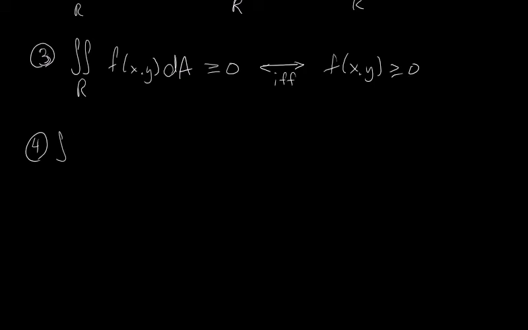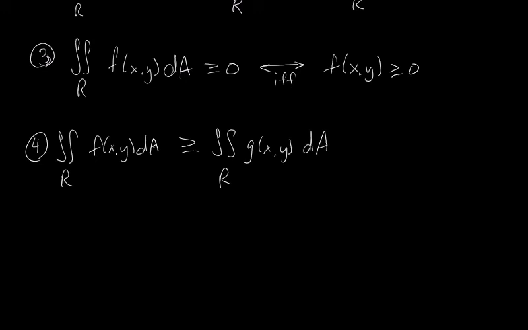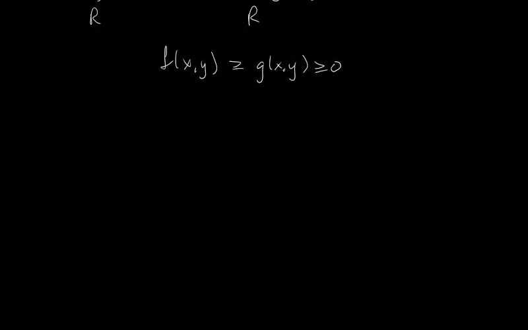So number 4, if we have our double integral over R of f of x, y, dA, that is going to be greater than or equal to the double integral over R of g of x, y, dA, for f of x, y greater than or equal to g of x, y greater than or equal to 0. Okay, so we want to make sure our functions are stacking properly.